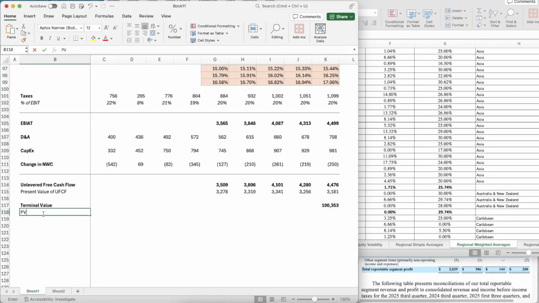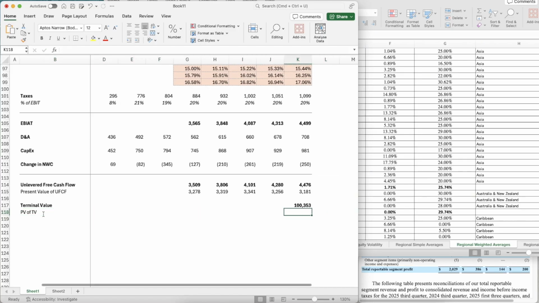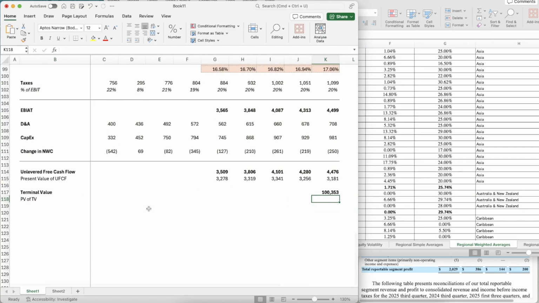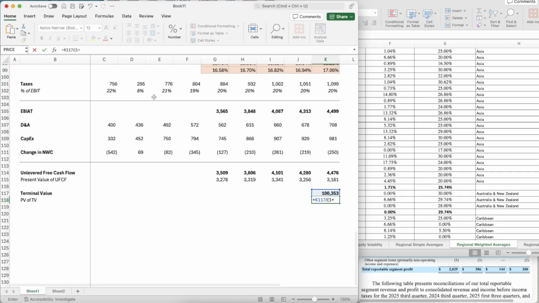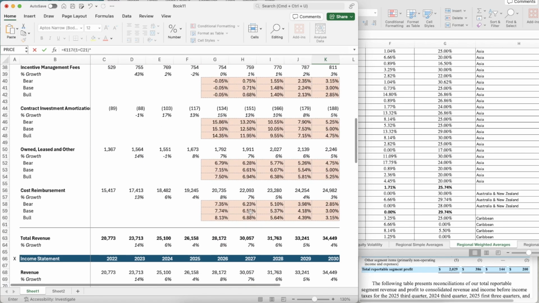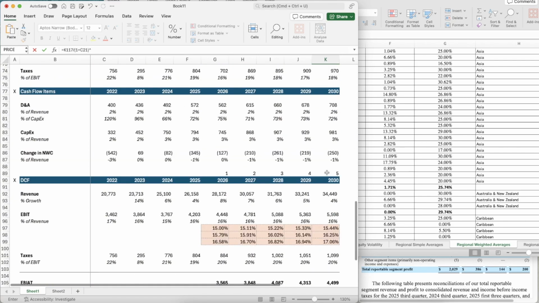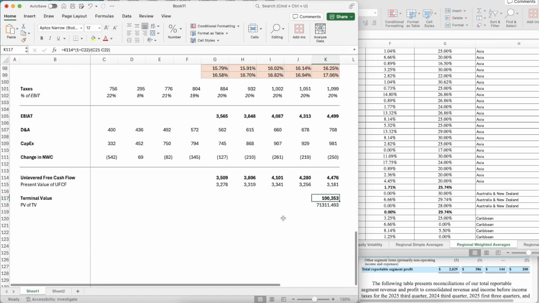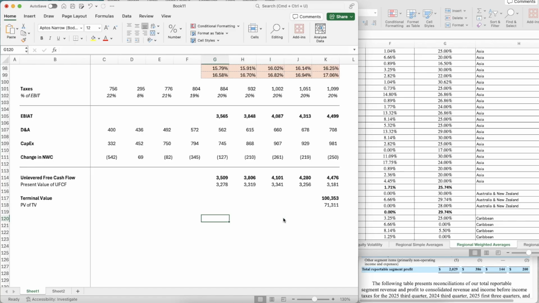Then we want the present value of this figure. So if the terminal value is 100 billion, we want to know what that is in today's value, not in 5 years. So again, we divide it by 1 plus the WACC to the power 5.